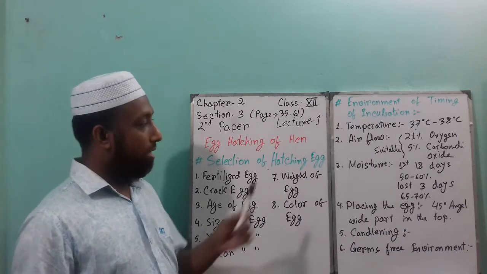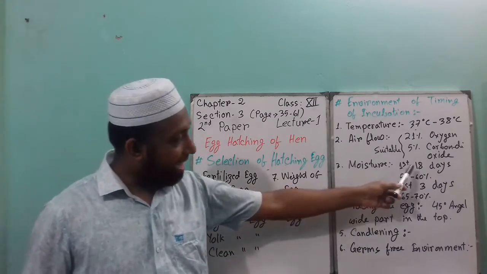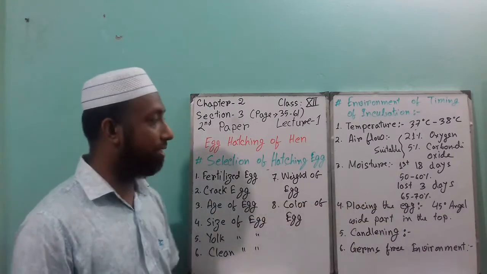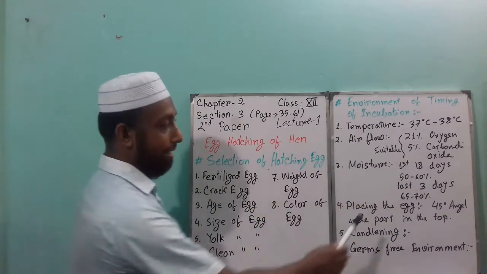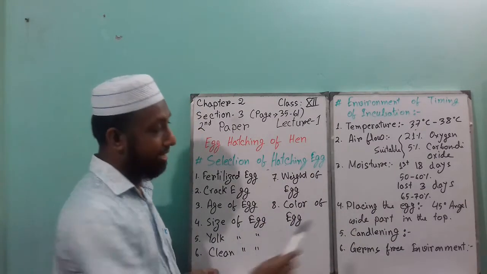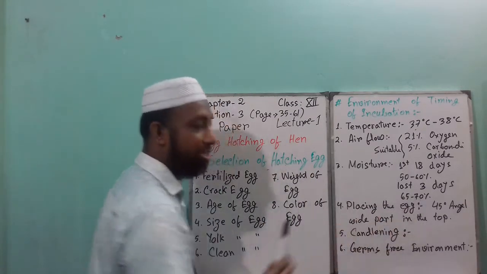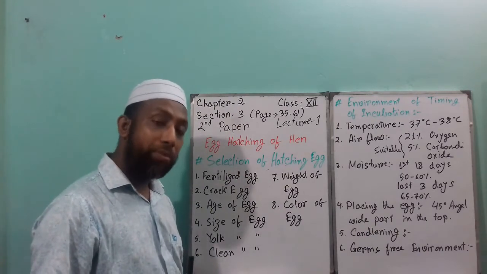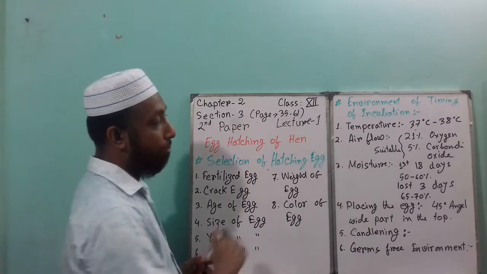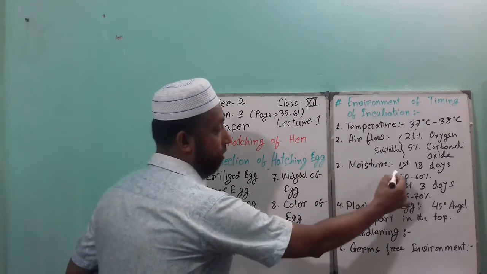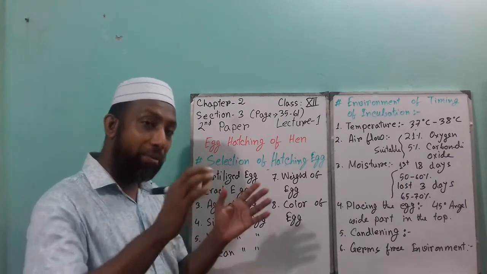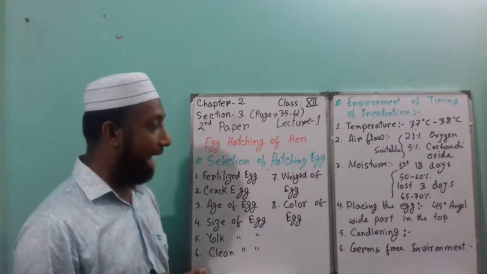So for moisture, for the first 18 days you have to definitely maintain 50 to 60%, and for the last 3 days, you have to maintain 65 to 70% moisture. So obviously this is very important. You have to follow this moisture percentage in the incubation environment.